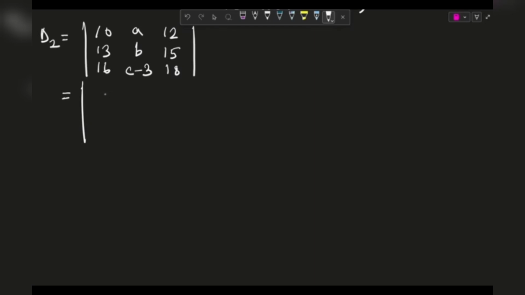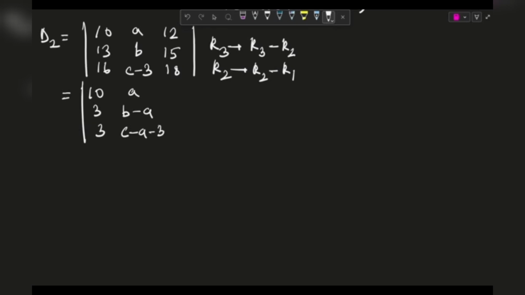Let's do R3 as R3 minus R2, and R2 as R2 minus R1. So we will have 10, 3, 3, A, this is B minus A, and this is C minus B minus 3, and 12, 3, 3.